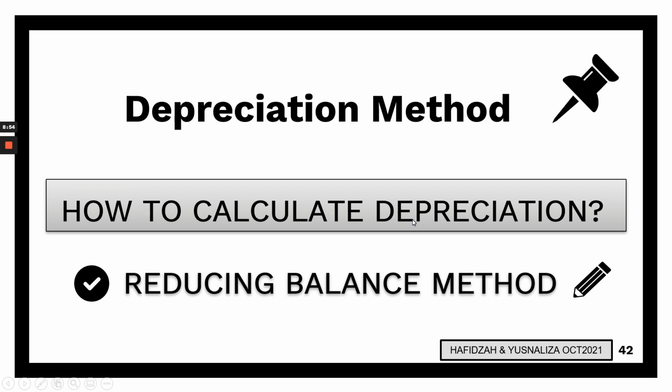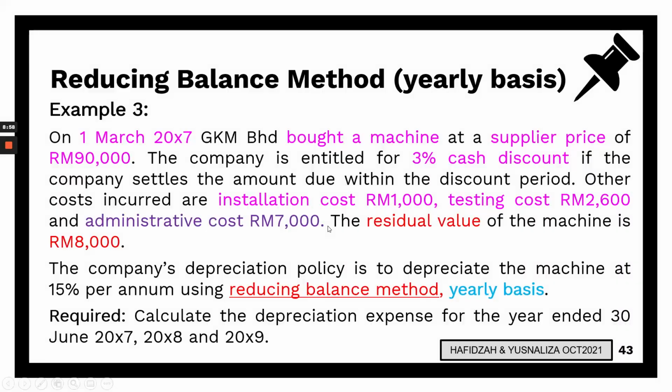Now we go to reducing balance method. How do we calculate depreciation under reducing balance method? And please recall, the reducing balance method will not make use of the residual value, as I mentioned in the previous video. So the machine that was bought here is 90,000. There is a cash discount. This must be deducted.